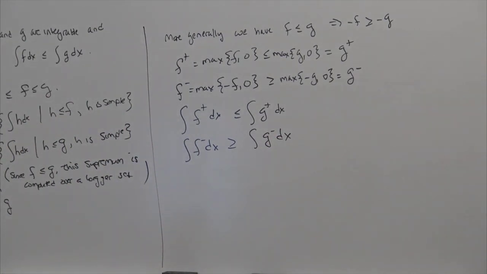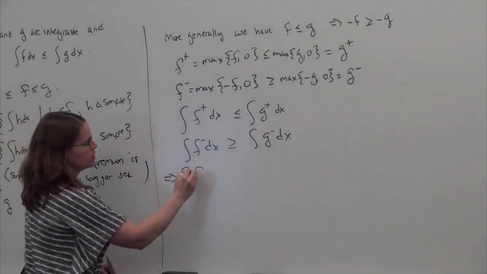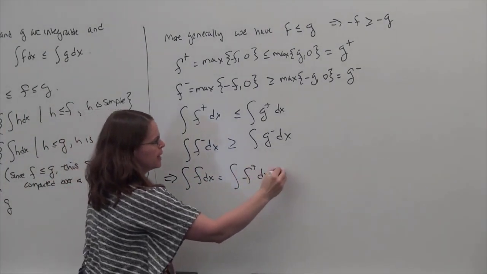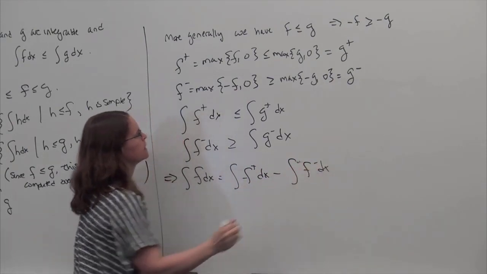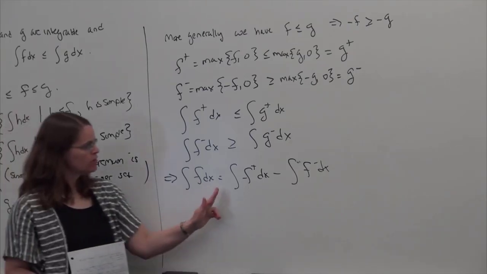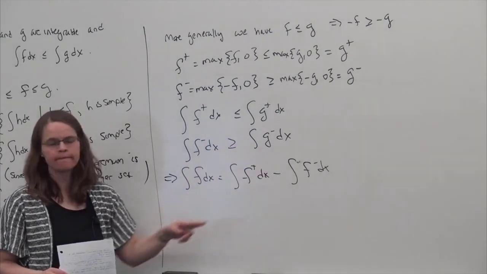And then we put it all together. How did we define the integral of the complete function? It was the integral of the positive part minus the integral of the negative part. So the integral of f, the integral of the positive part minus the integral of the negative part, is less than or equal to the integral of the positive part of g.